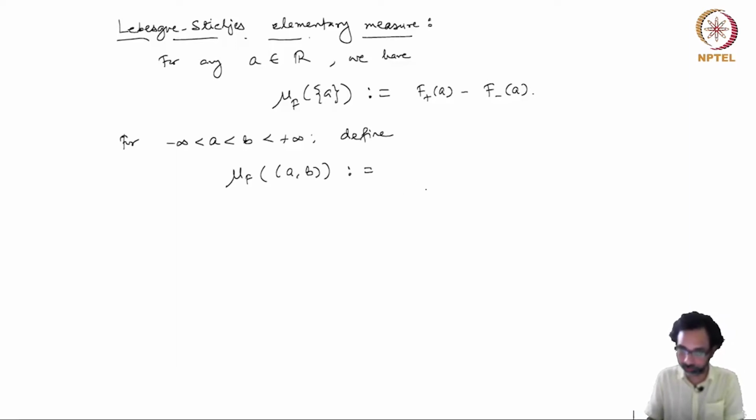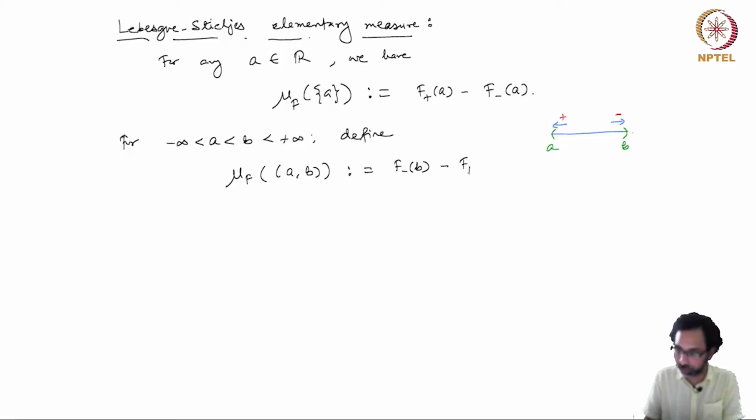Because it is an open interval, we would like to approach a from the right and approach b from the left. So then this Lebesgue-Stieltjes elementary measure is given by f minus b, because we are approaching it from the lower values of b, minus f plus a, because we are approaching it from the higher values of a, so there should be a plus sign.